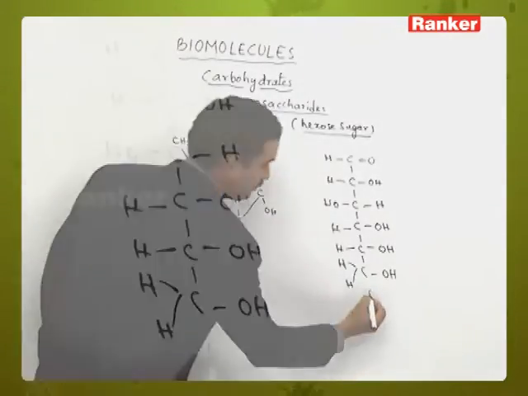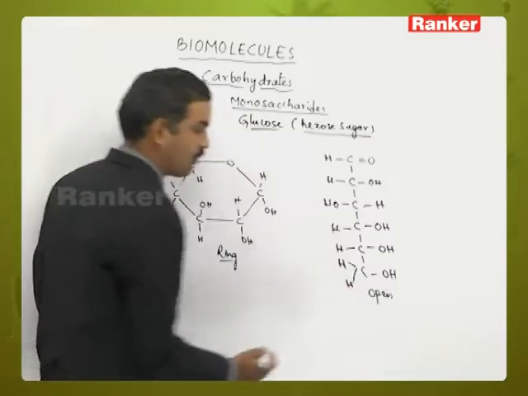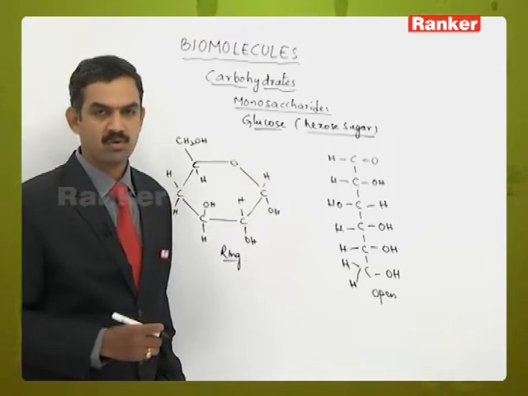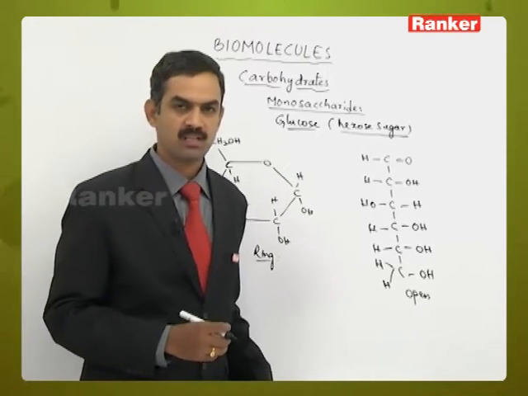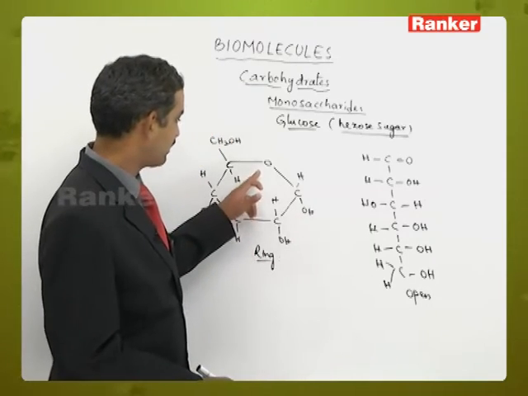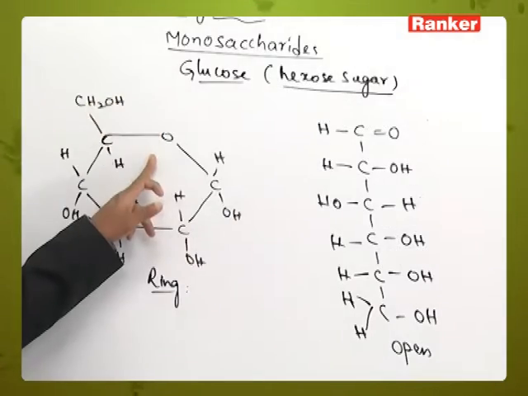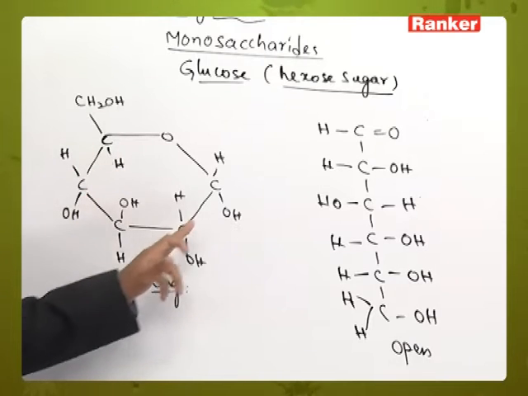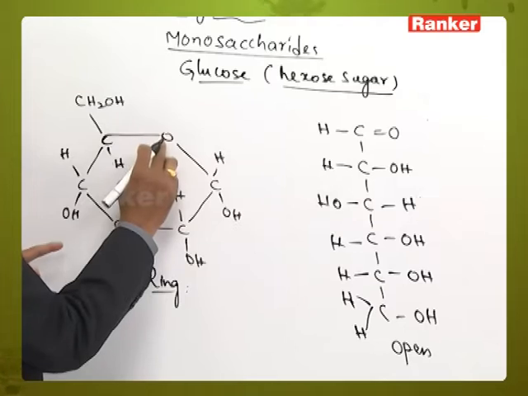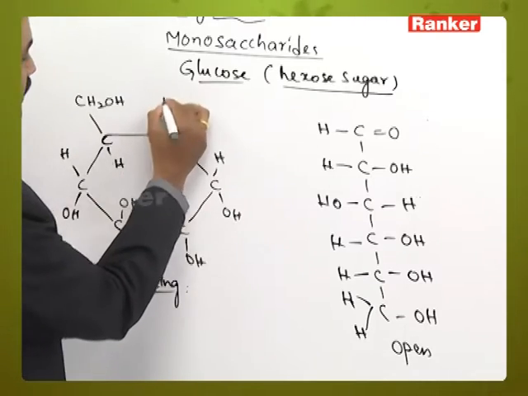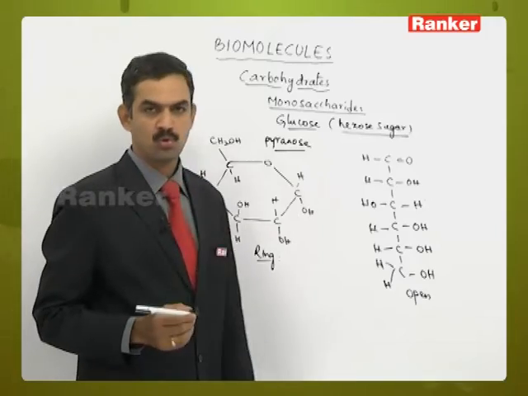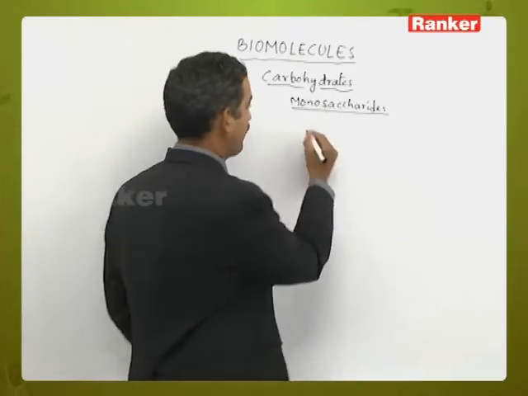So this is the open structure that can be observed in the glucose molecule. Likewise, both the pentoses and hexoses show open chain structure and also the ring structure. Here we can see that this is a pyranose. Why? Because it has a hexagonal structure with 5 carbons in the ring and 1 oxygen. So this is the pyranose ring structure exhibited by the glucose molecule. Next one is the fructose molecule.